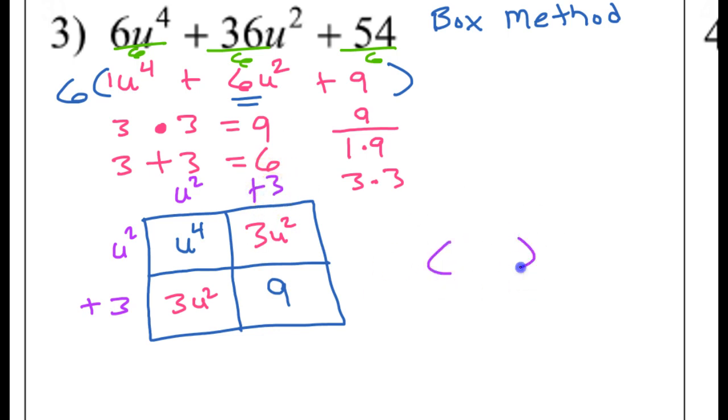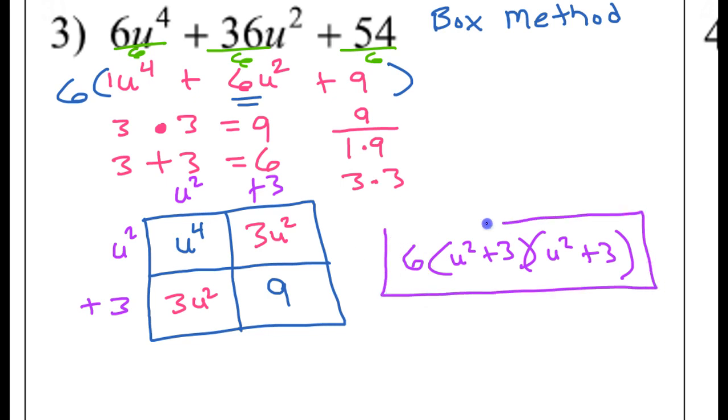All right, that's going to give me a binomial times a binomial. So the binomial is going to be u squared plus 3 and another u squared plus 3. But please don't forget the number in the front. The original GCF is part of the answer, so this will be the final answer to number 3.